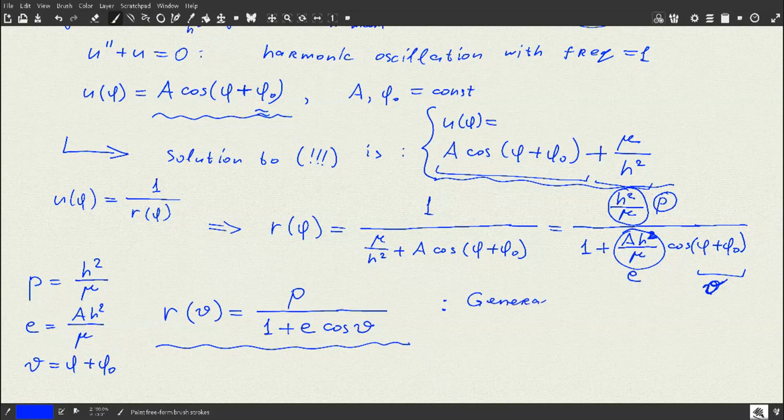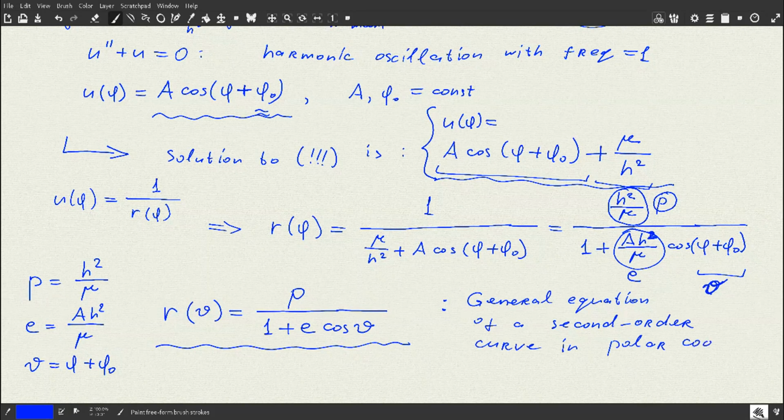General equation of a second order curve in polar coordinates R of V.